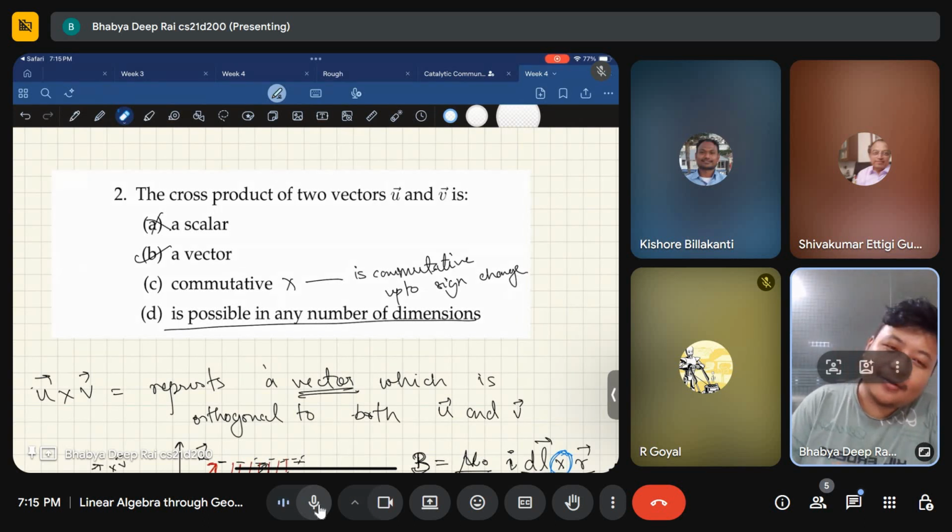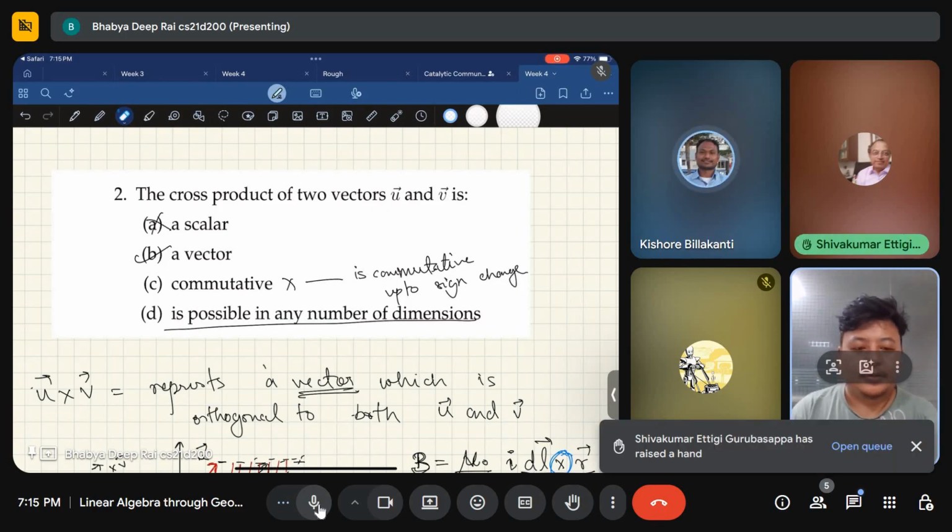Think about why we waited until 3D was introduced in the course to talk about cross product. Possibly it happens only in 3D. That's the reason we haven't discussed that in 1 or 2 dimensions.